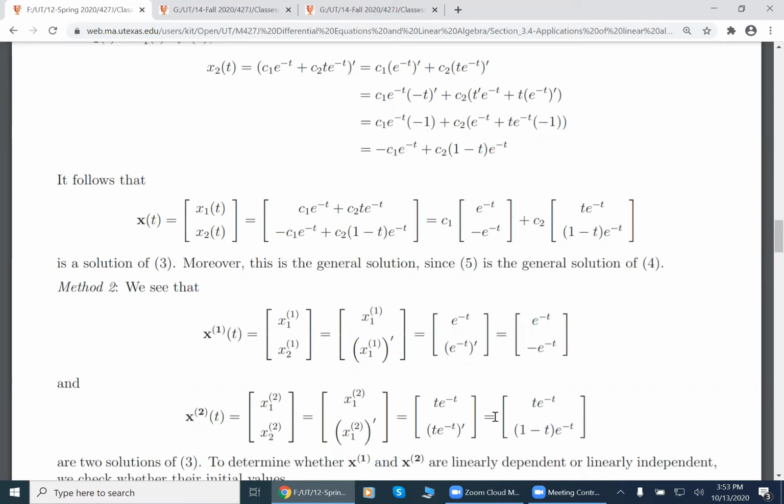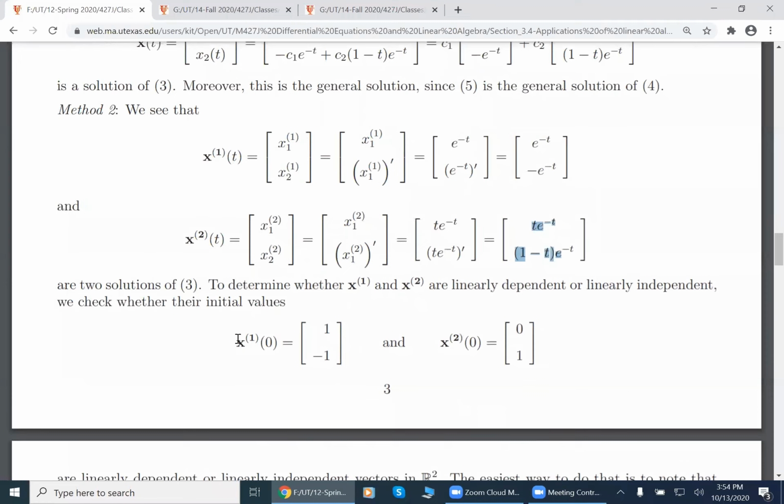In method number 2, before we multiply this by C1 and this by C2, in order to create the general solution, we have to prove that these two matrix columns are linearly independent. It's exactly what we show here. We use Theorem 6.